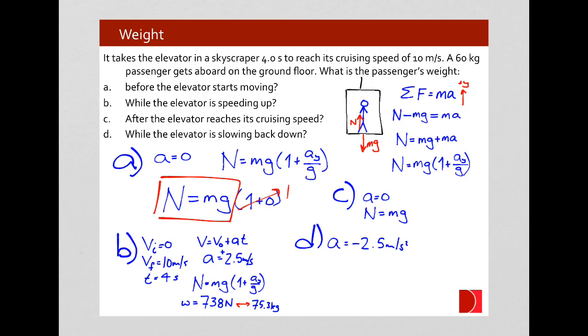And in this case, our weight would be the normal force that we feel, which would be 438 newtons, or like before, that's equivalent to feeling 45 kilograms. So we only would feel 3/4 of our weight that we normally would.